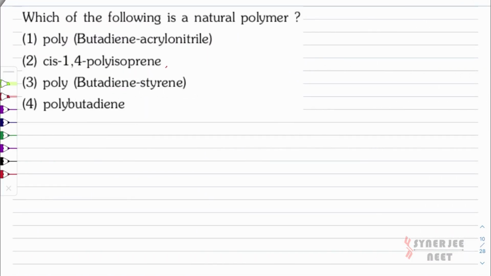In this question, they are asking which of the following is a natural polymer. See, if you look at these options, butadiene and acrylonitrile, this polymer is Buna N. Buna S means styrene should be involved.